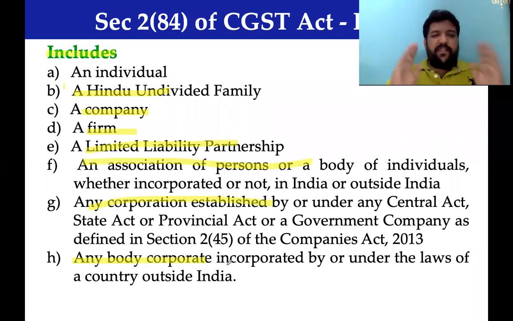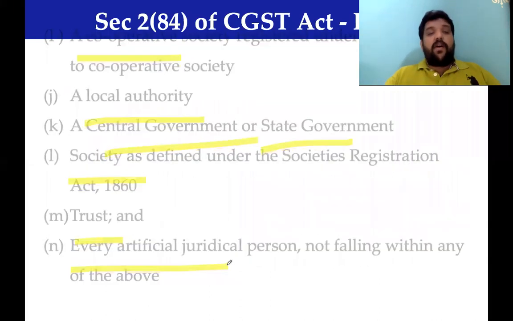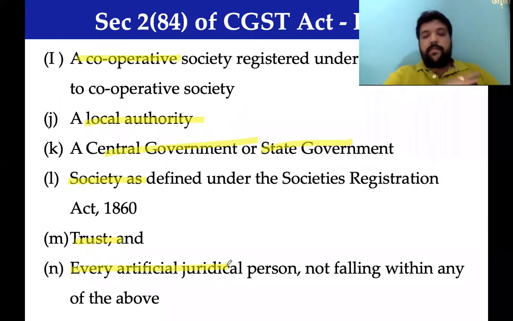Let me repeat, every type of person is covered over here. It could be your individual, HUF, AOP, BOI, artificial juridical person, local authority, central government, state government, company incorporated by central government, body corporate, which is all those outside companies brought in over here, or a cooperative society, trust, society, everything. All are treated as person.